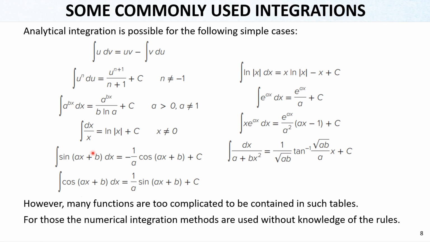These are considered simple, so you don't need to use numerical integration, just use the analytical integration we showed here. However, many functions are too complicated. Apart from these, there are many other functions which are too complicated to be contained in such tables. We cannot include them in these tables to solve analytically, and for them the numerical integration methods are used without knowledge of the rules. So let's use numerical derivative or integration methods to solve them.